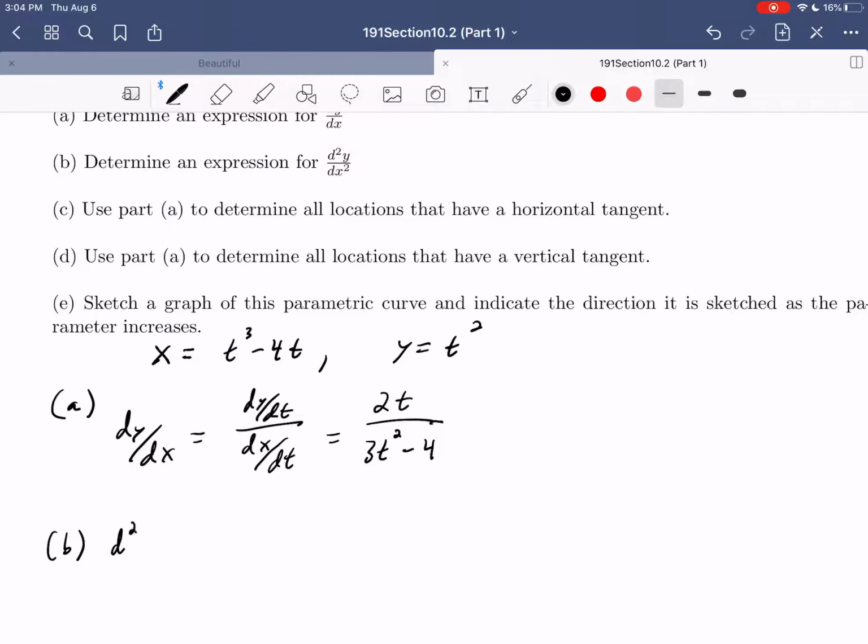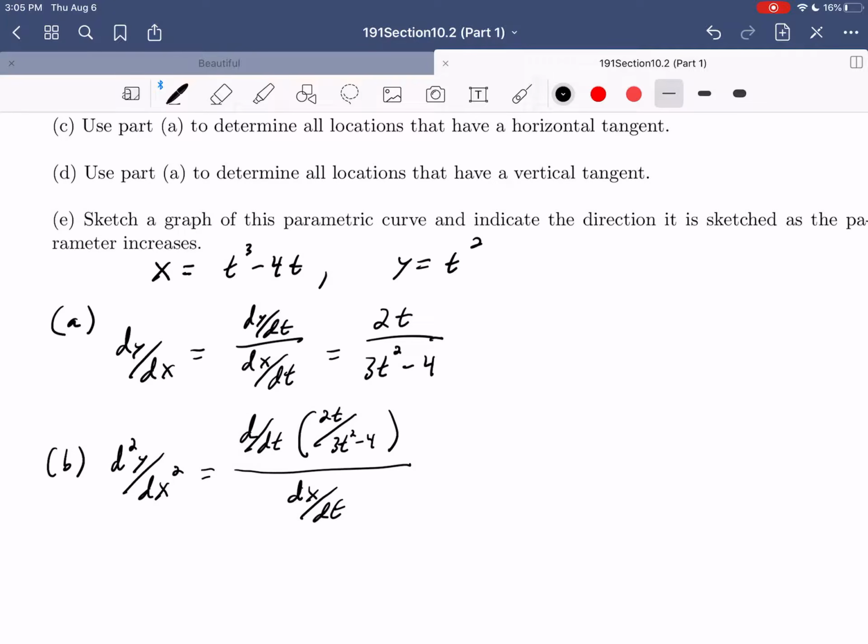For our second derivative, what we're going to have to do is take the derivative with respect to t of what we just found, 2t over 3t squared minus 4, and then divide by dx dt, so we'll have a dx dt down in the denominator. Okay, let's go ahead and do that.